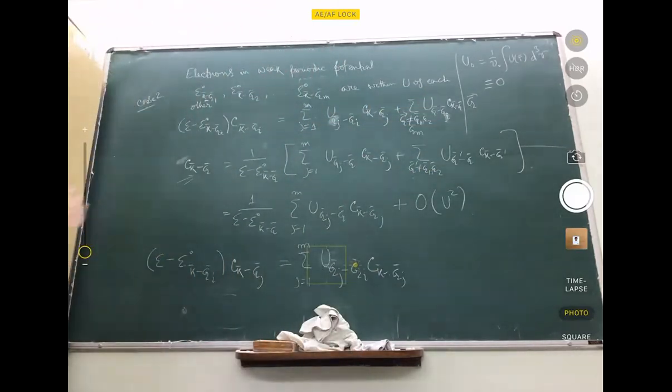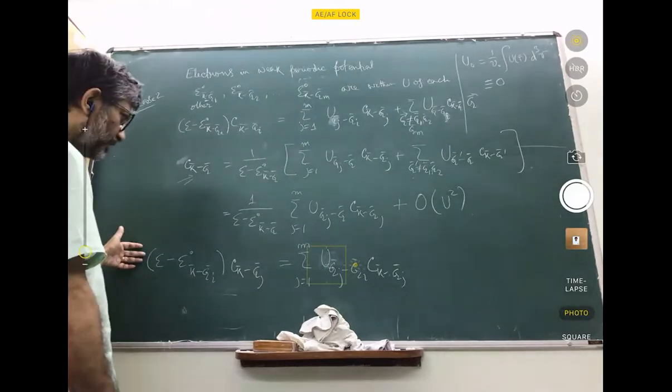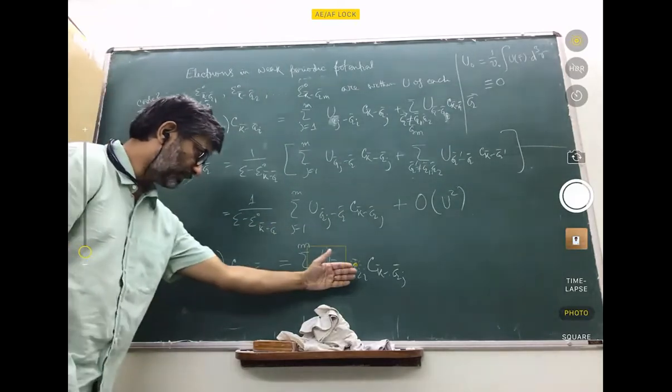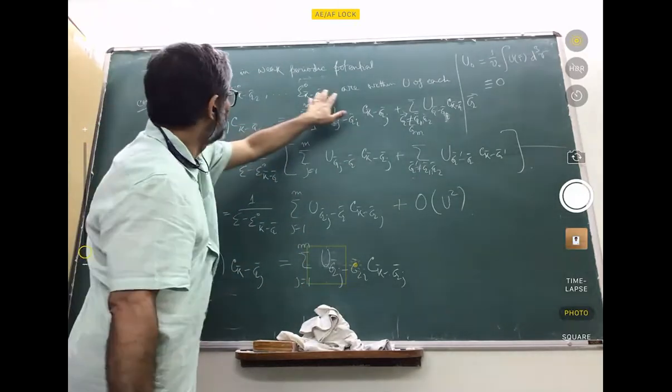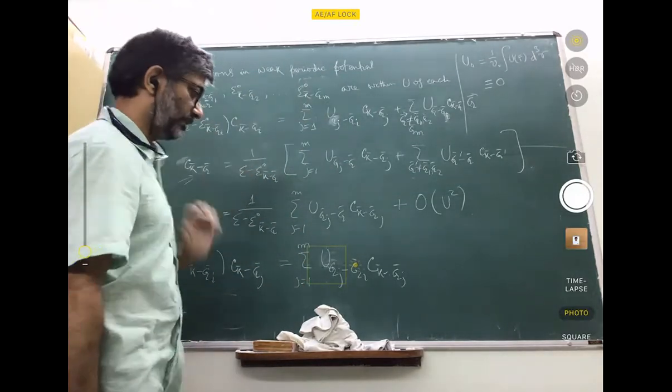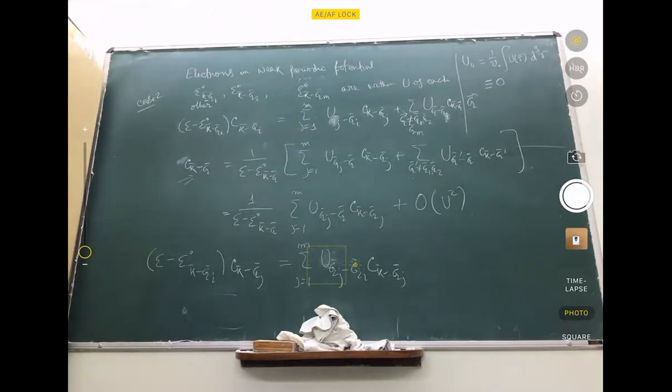All those U squared and U cubed terms have been left out, and I'm just writing the leading order terms on the right hand side. So basically that will involve only these G's. Now the question is, what is the meaning of all this? I'll start the discussion today and maybe we'll complete it next time.